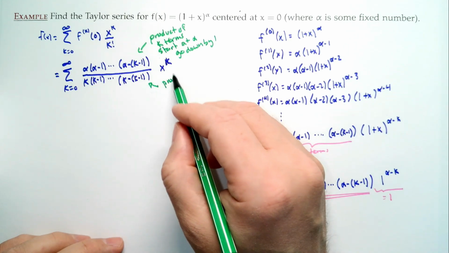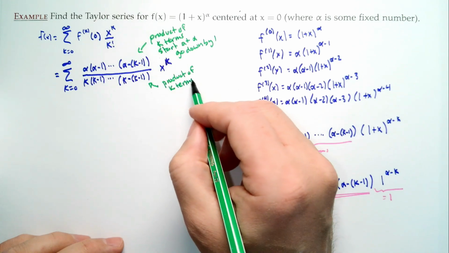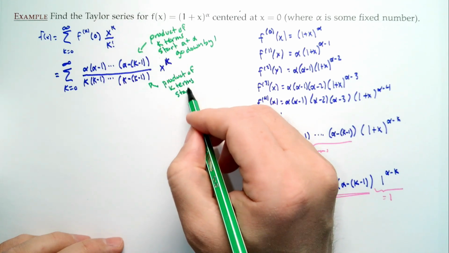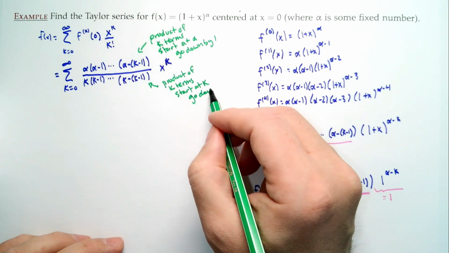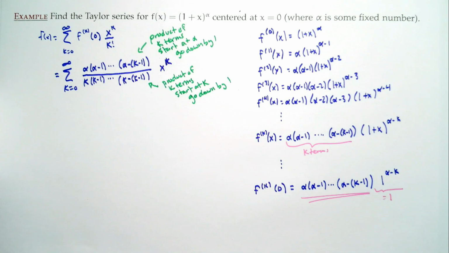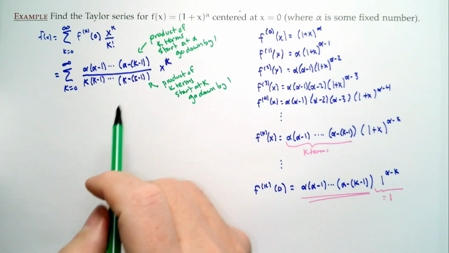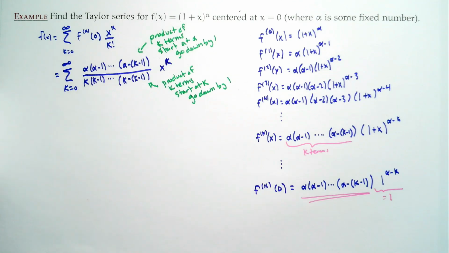Well, it's a product of k terms. We start not at alpha, but at k, and we go down by 1. So they're mimicking the same thing. The top and the bottom are very similar. The only difference is, instead of k, it's alpha. So it's almost like the top wants to be a factorial.